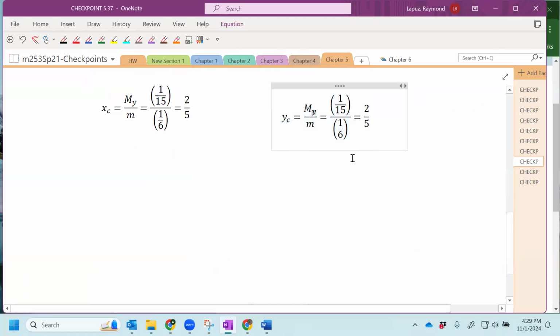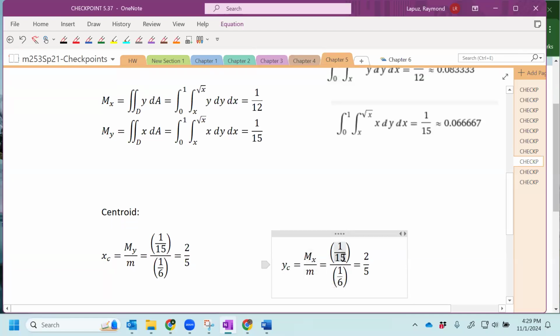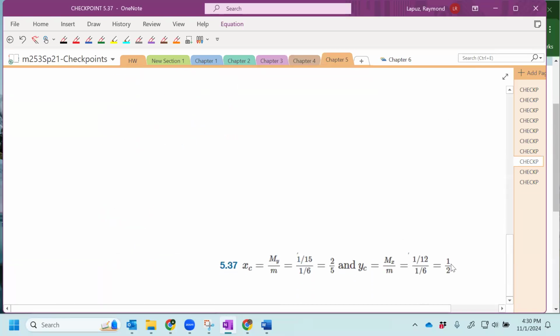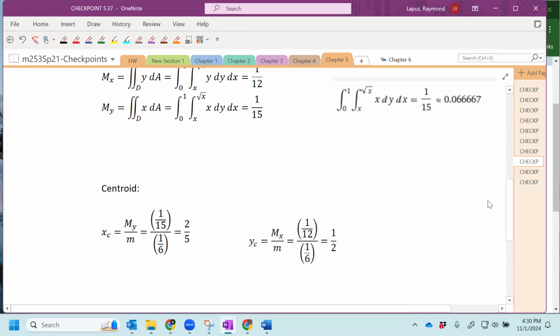Then I have Mx this time, and Mx this time is 1/12. Let's get that down here. Let's just change this. I think this will end up being 1/2. Just to check, 2/5 and 1/2. So that's it. That should be our solution.